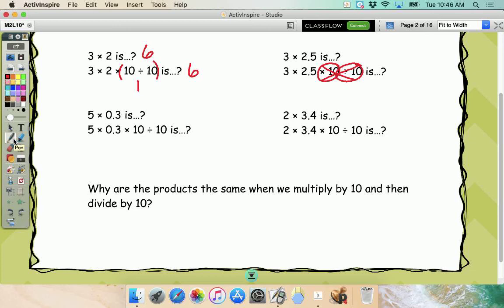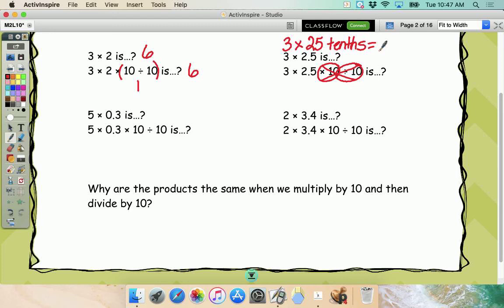Let's solve the problems. So if I'm going to do 3 times 2.5, I'm going to think of that as 25 what? Not ones, tenths. I'm going to think of that as 25 tenths. So I'm going to do 3, everybody write this down, 3 times 25 tenths.